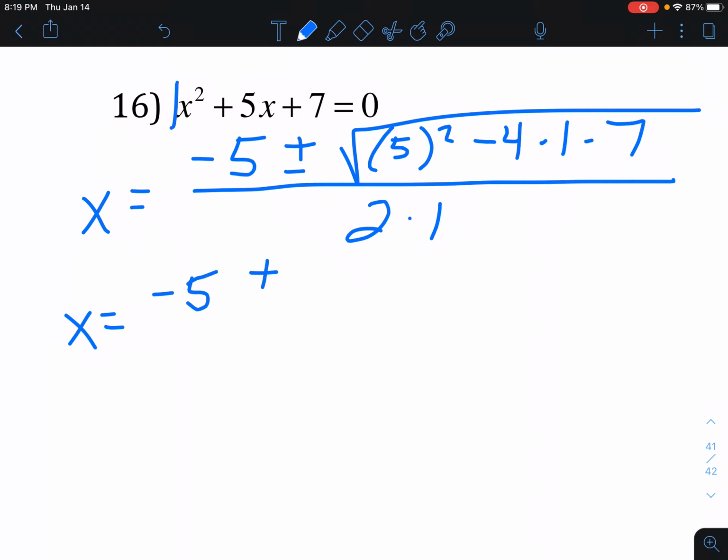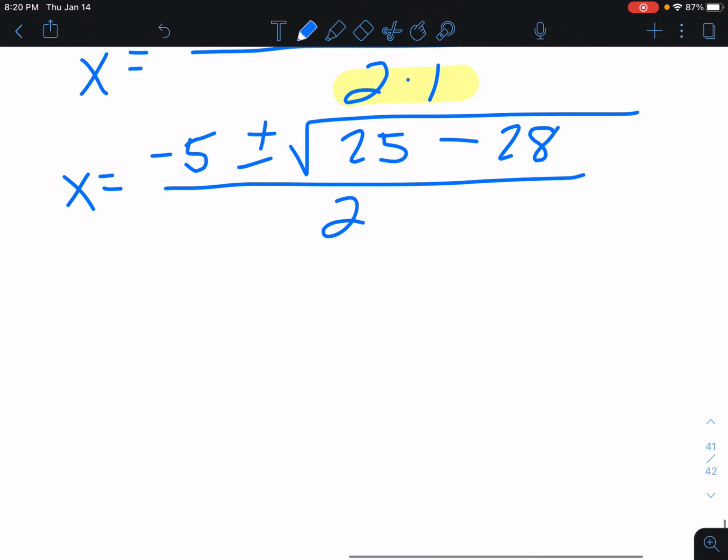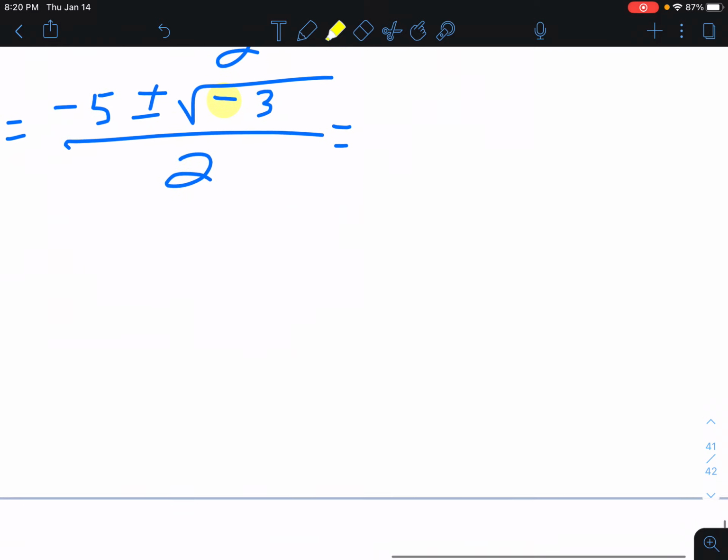So let's do our multiplication here. 5 squared is 25. And then minus 4 times 1 times 7 is minus 28. The bottom, 2 times 1, gets 2. Then we can subtract in the radical to get the square root of negative 3. And we do have a negative in the square root, so an i comes out.